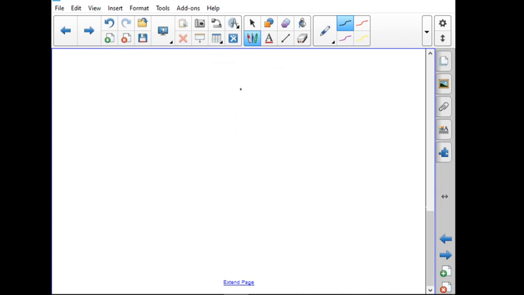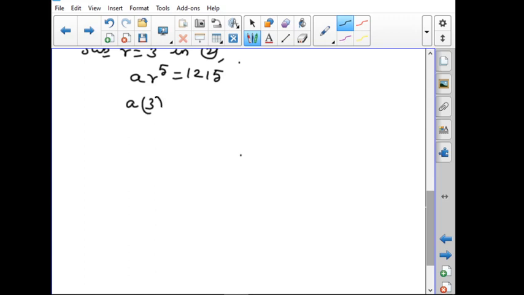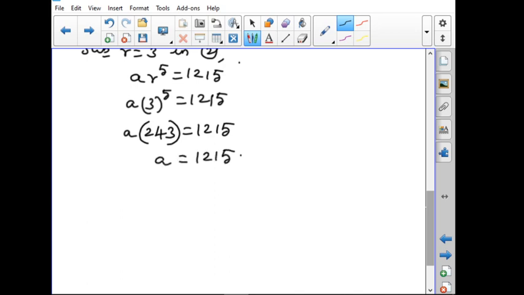Substituting the value of r, we get the value of A. So A into 3 power 5 equal to 1215. 3 power 5 is 243, so 243 A equal to 1215. 243 comes to the other side for division, and dividing these two we get 5. Therefore A equal to 5.